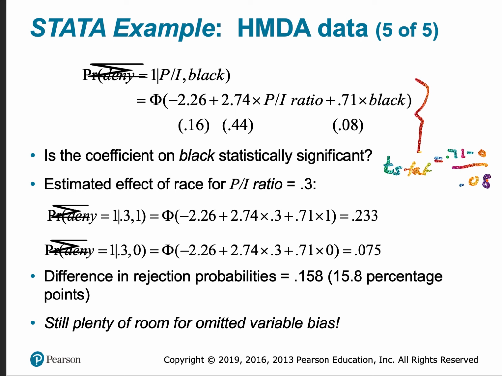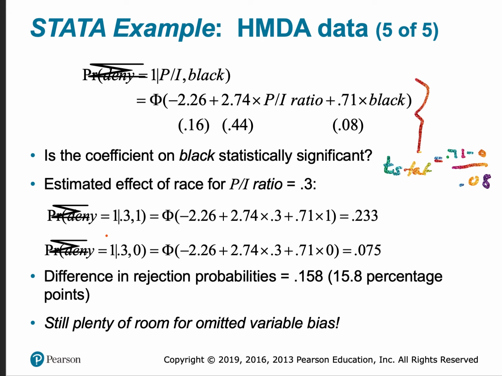And that looks statistically significant to me. The estimated effect of race for payment to income ratio is 0.3.